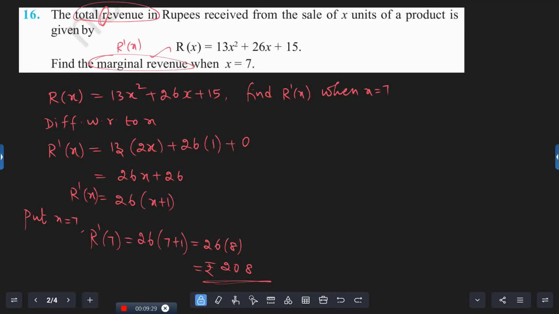Shall we go? Write fast. Side 12 is completed. Write fast.